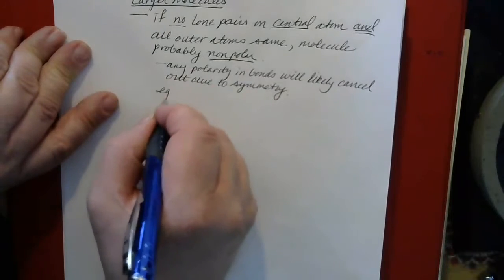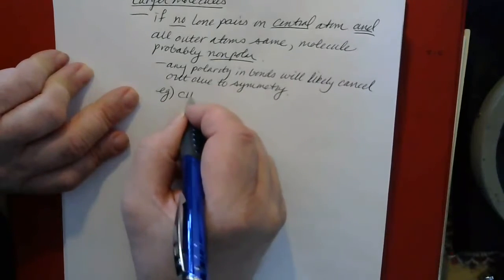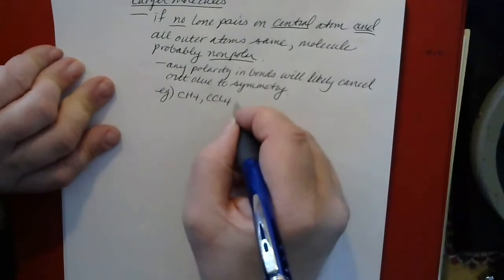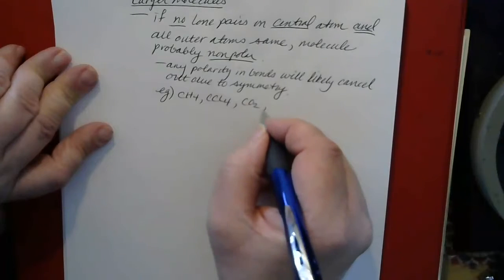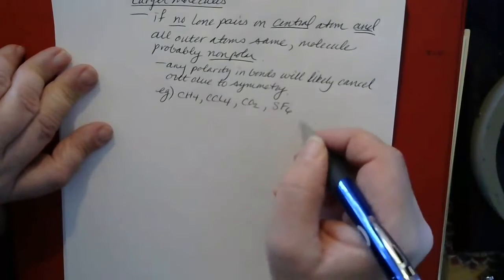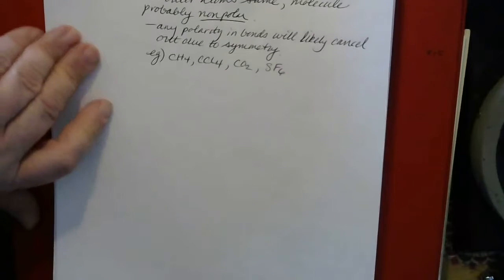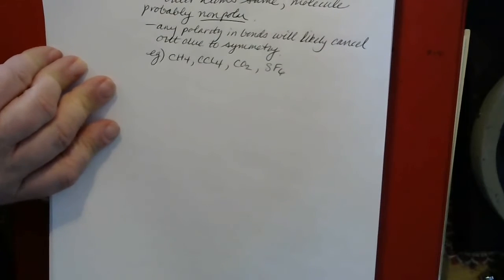Some examples of situations like that would be CH4, carbon tetrachloride, CCl4, CO2, SF6. These molecules all have a certain symmetry to them that allows the polarity of the bonds to cancel out.